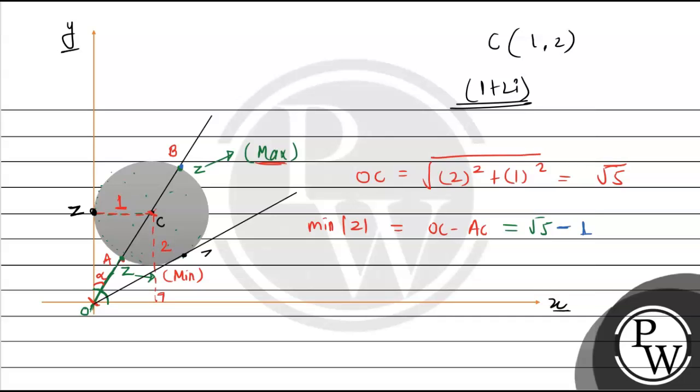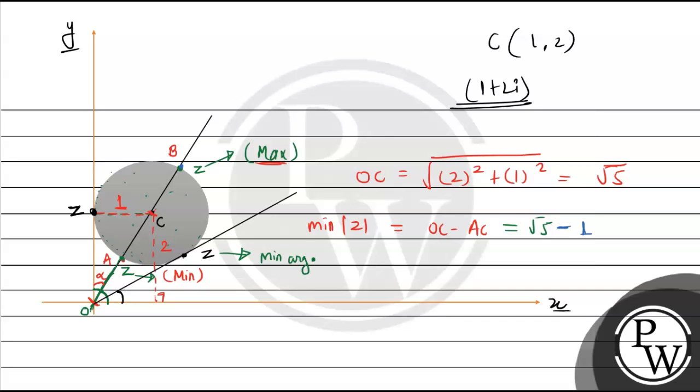So whatever the points will be around in the circle excepting this particular z, that will be having this angle more, right? The angle from origin, if you find, will be more. So that is why this one will be having the minimum argument. Okay, this particular z will be having the minimum argument.